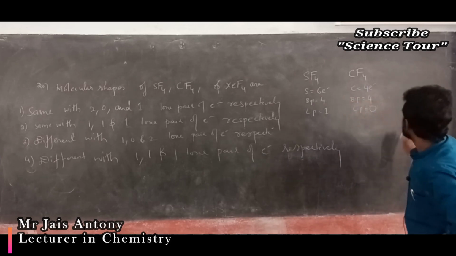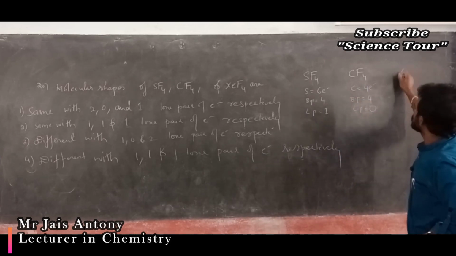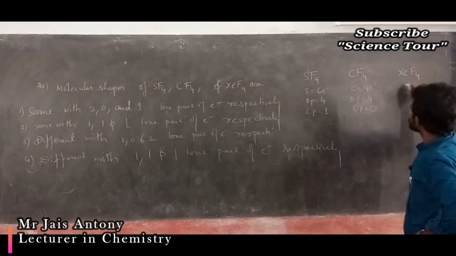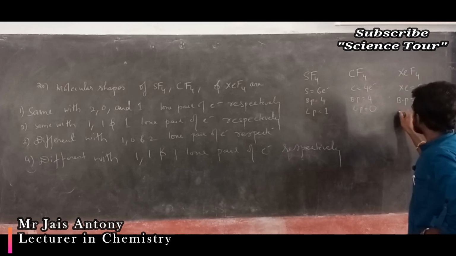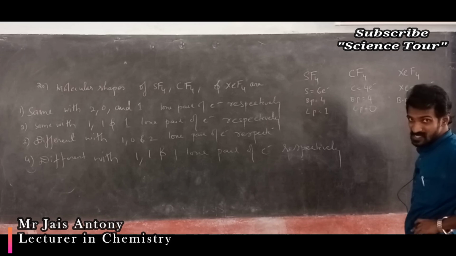Okay. Next, my dear students, is XeF4. Xenon has a noble gas configuration with 8 electrons, understood? So xenon forms 4 bond pairs with the 4 fluorine atoms. 8 minus 4, how many electrons are remaining, my dear students?